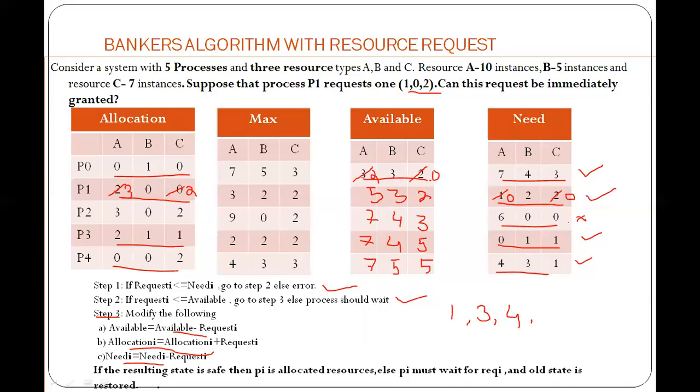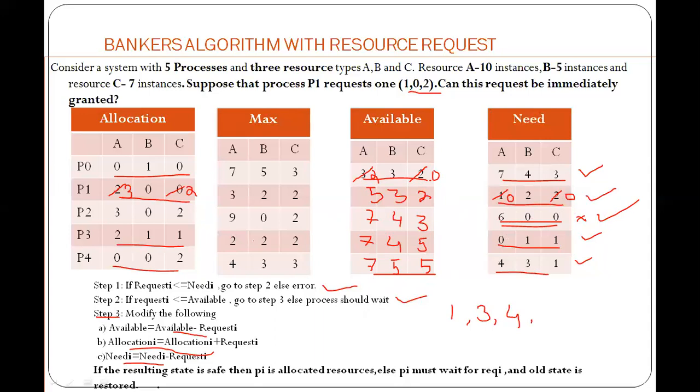Okay, next. What about P2? Finally, P2's request also can be accommodated. Why? Because it is 600, which is much lesser than 755, right? So I will write finally this is allocated.